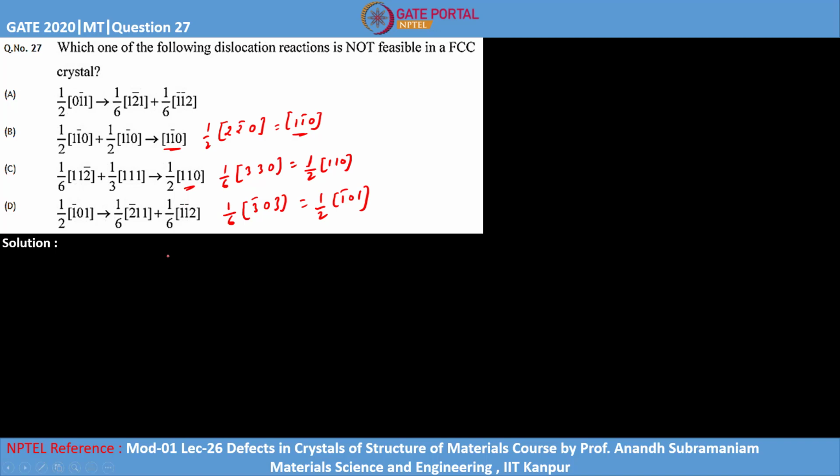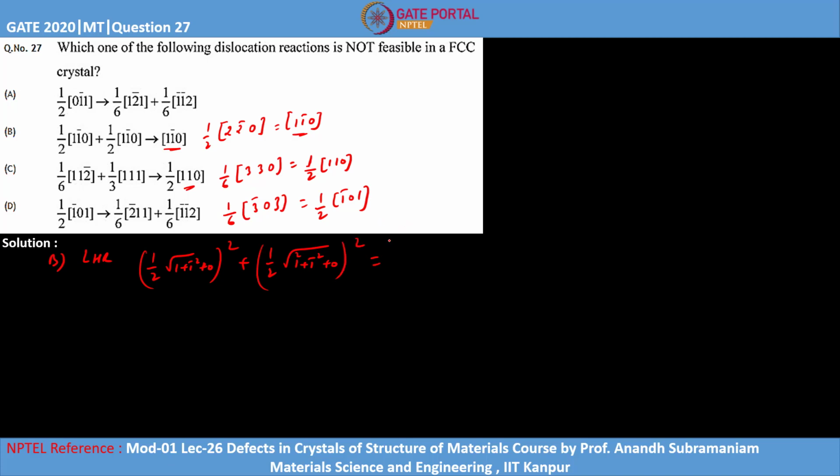So the only thing is we need to check the energy of the left hand side and right hand side. So for option B, if you check the energy balance, on the left hand side we are getting energy 1 upon 2 under root 1 plus 1 bar square plus 0 to the whole square, plus 1 upon 2 under root 1 plus 1 bar square plus 1 bar square plus 0, to the whole square.